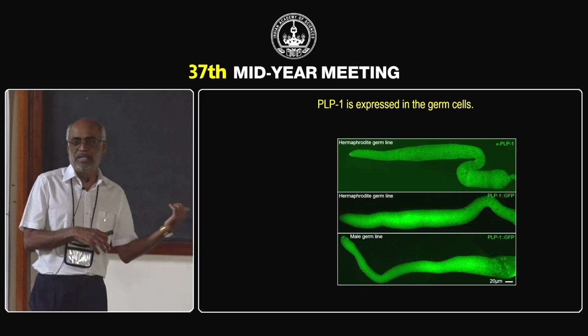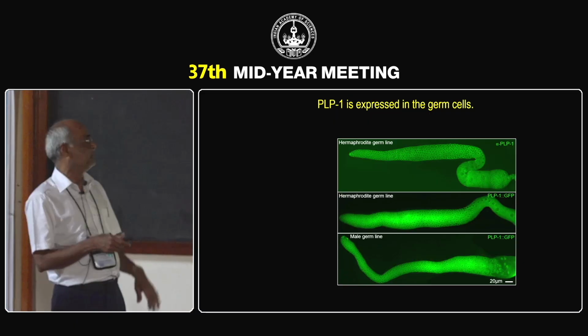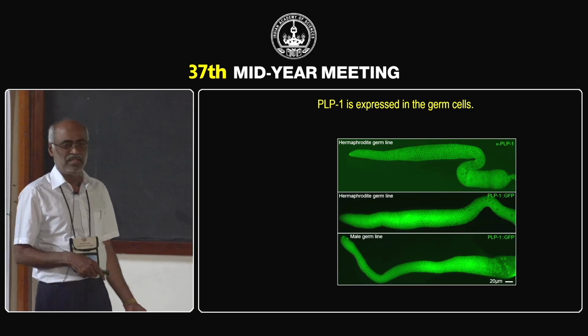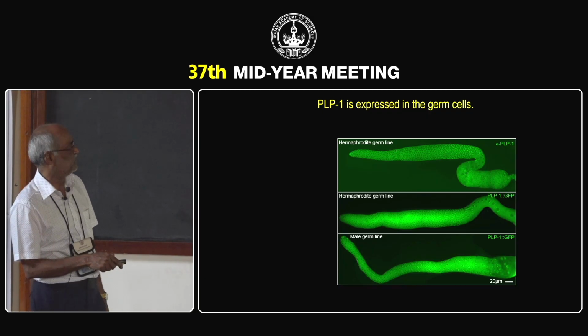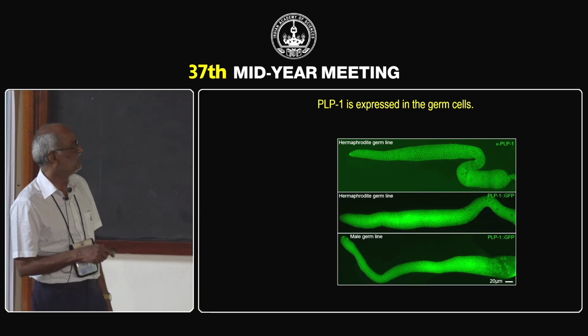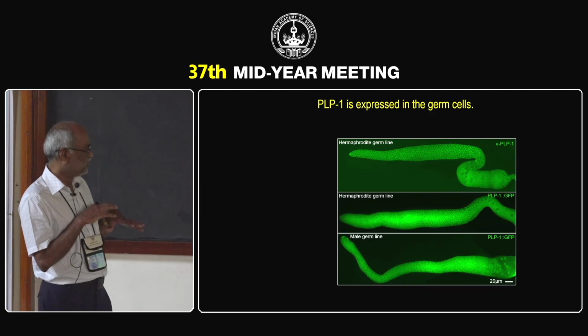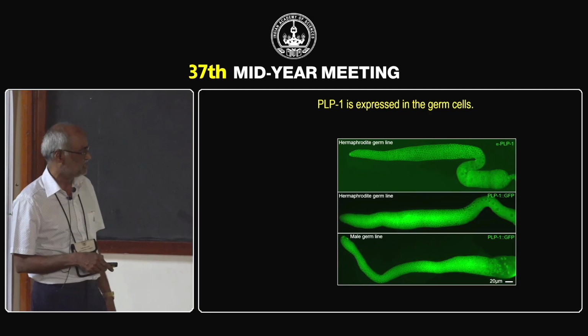Okay, so now getting back to our own story. So once Lenita found the phenotype, she decided to look at where it is expressed using antibody as well as an endogenously tagged fluorescence reporter, that is GFP. In both we found that it was present throughout the germ cells, in the germ line, in all the germ cells we see it.